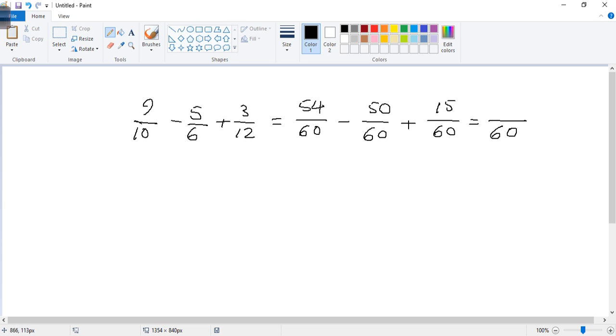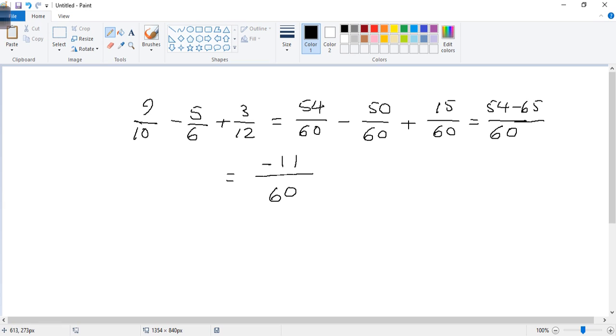So the answer here, 54 take away 50 is 4, and 4... no, we have to make this together, 50 plus 15 will be 65, 54 take away 65, the answer will be 1 minus 11 over 60.